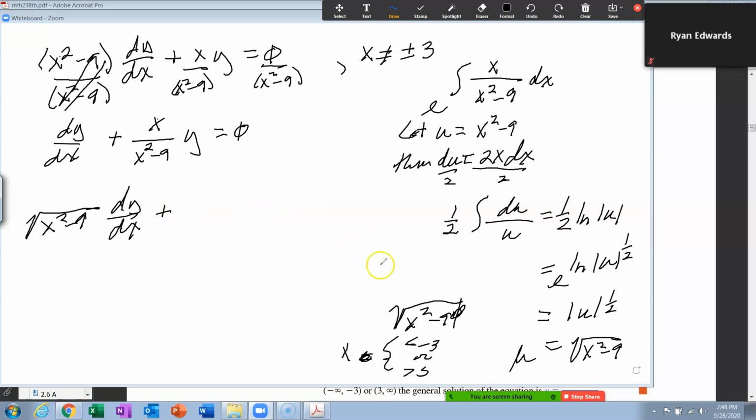Now if you multiply the square root of x squared minus 9 times 1 over that, you wind up with x over the square root of x squared minus 9. Okay, that's a pretty ugly one. y is equal to 0.